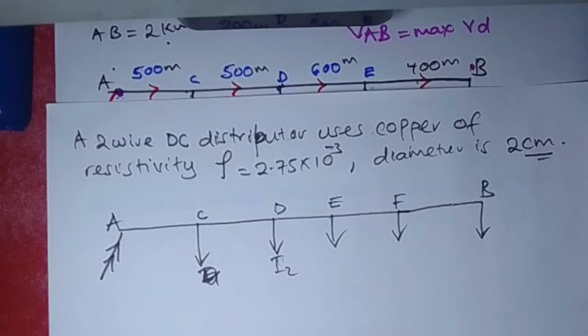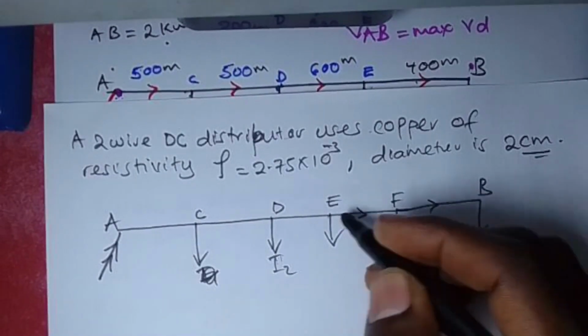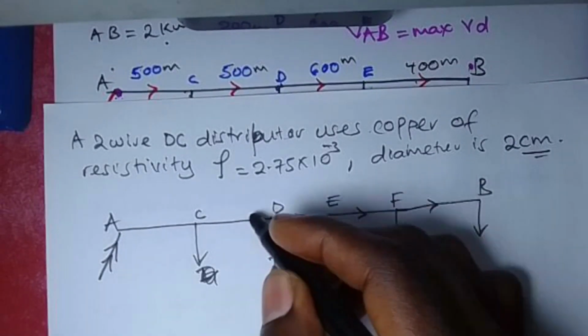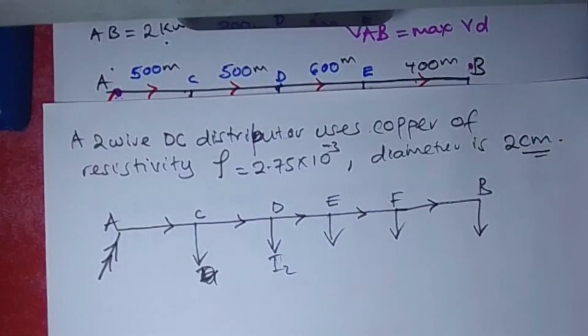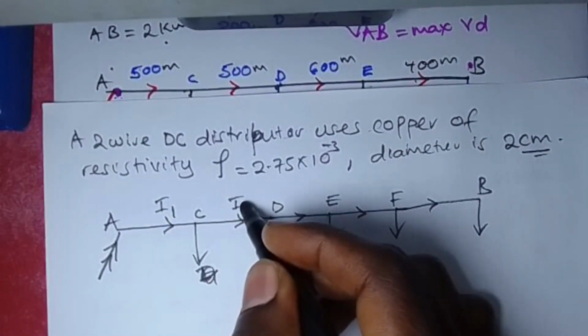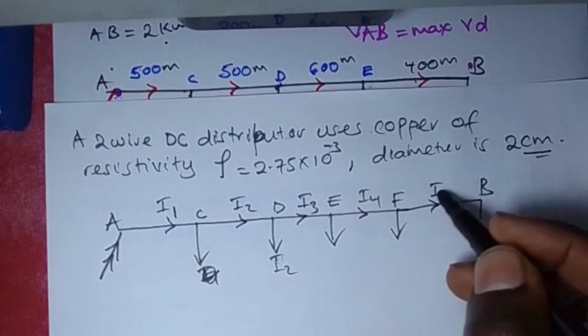So I was saying that they give you the values of the respective currents. We shall do the same thing: calculate the currents in each section, maybe I1, I2, I3, I4, I5.